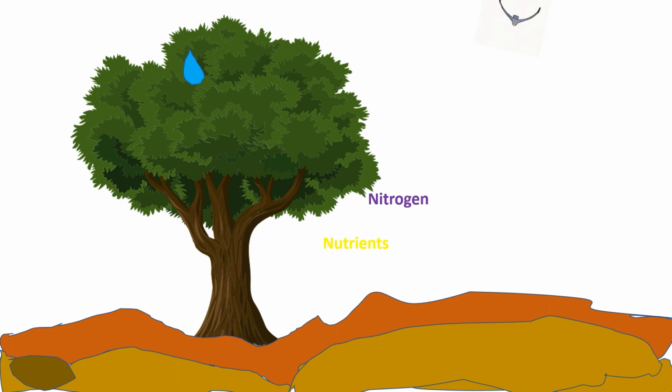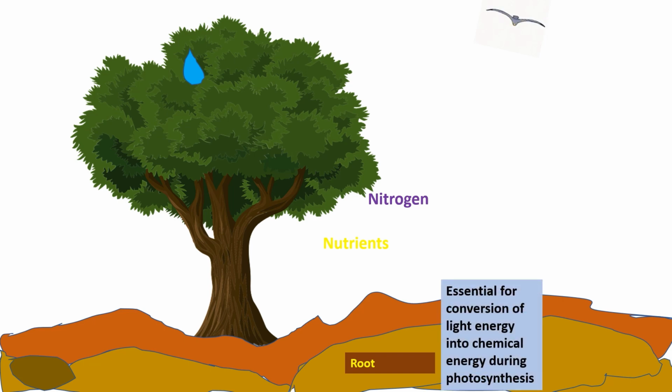To meet their water requirement, plants have specialized structures known as roots. These roots absorb water from the soil. This we learned in our junior grades. And they transport it to the rest of the plant. This water uptake is essential for the conversion of light energy into chemical energy during photosynthesis.